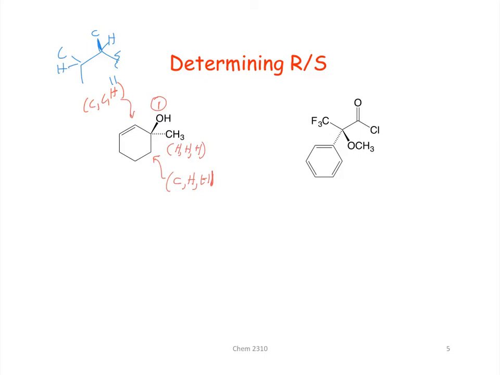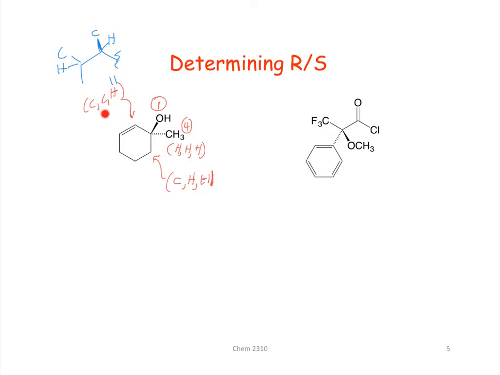Okay, so we look at the first atom. This one has a carbon, this one has an H, this one has a carbon. So CH3, these are all H's, so that's last. Okay, so in this case, notice that number 4 priority doesn't have to be a hydrogen like we saw before. In this case, the methyl group is number 4.